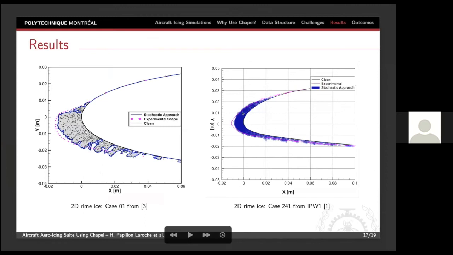The areas that are darker are where they're more likely to have ice, and the areas which are lighter are where we don't see ice on every run. So it's the stochasticity that appears here.